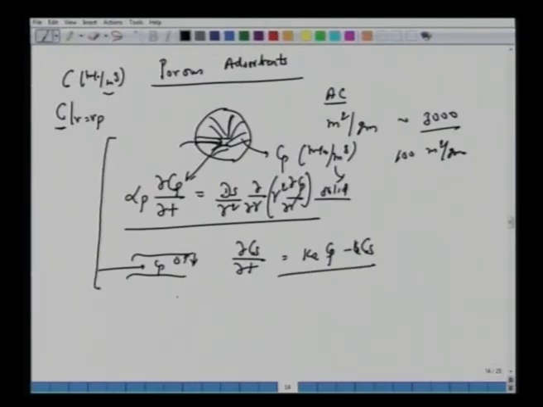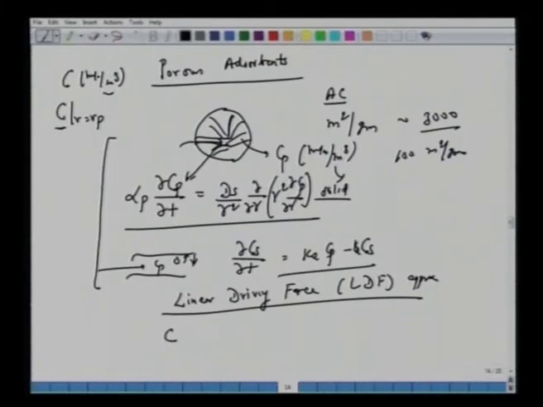One approximation very often made is the linear driving force approximation, or LDF approximation. So based on these approximations one can still solve for C as a function of T and R in a column here.